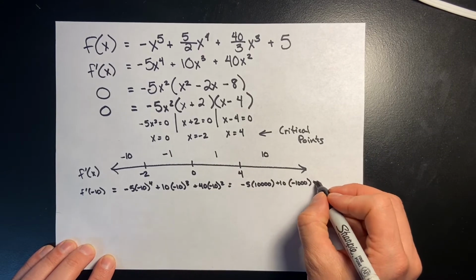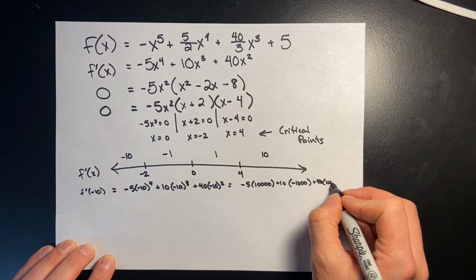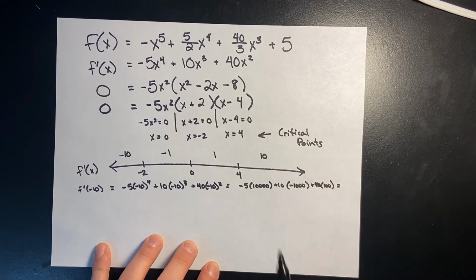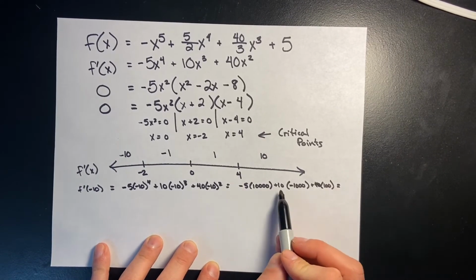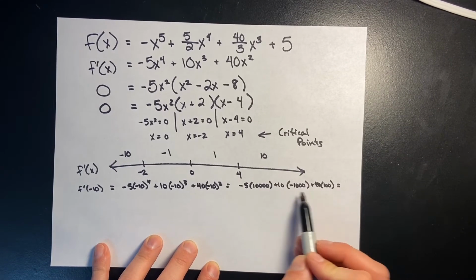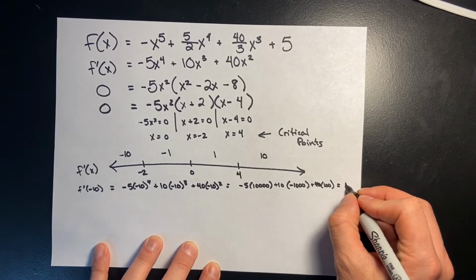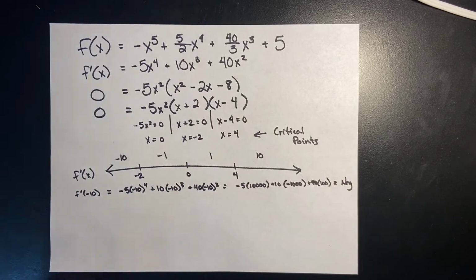Plus 40 times 100. And I'm pretty much going to stop right there. -50,000 minus 10,000 plus 4,000 is going to end up giving me a negative number. So right there, I already know that it's negative.